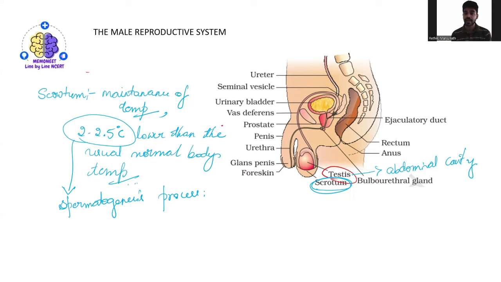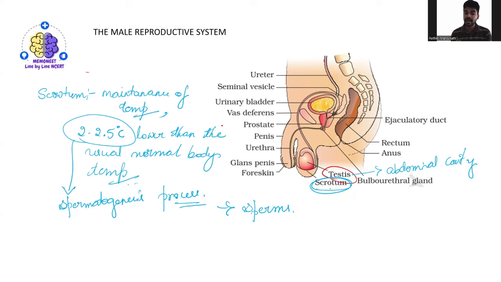This temperature is very necessary for the spermatogenesis process. Spermatogenesis means the formation of the male gamete, that is sperm formation. For this process, this 2 to 2.5 degrees Celsius is necessary, and it is maintained by the scrotum.